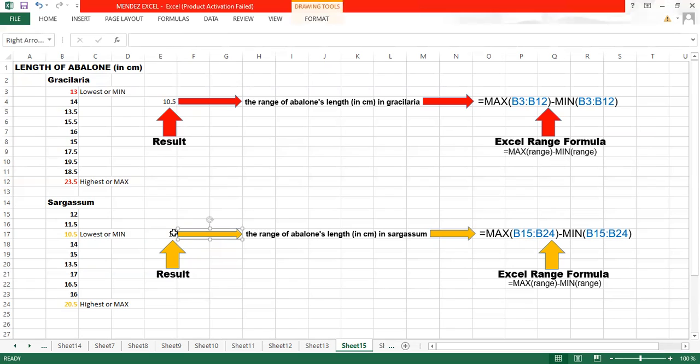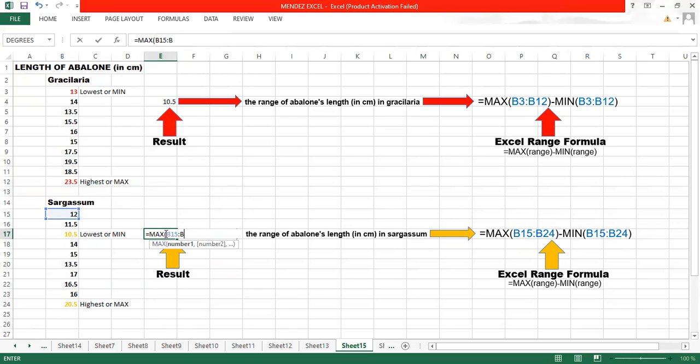So for example, we don't know the result yet. So these are the highlighted cells. We're going to include the equals, max, open parenthesis. Our range is B15 to B24, then close parenthesis, minus, and then type min, open parenthesis, B15 to B24, then close parenthesis, then press enter.